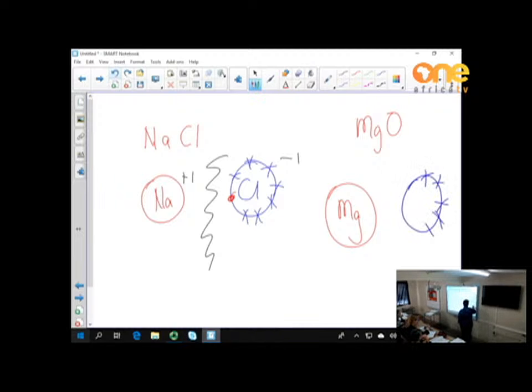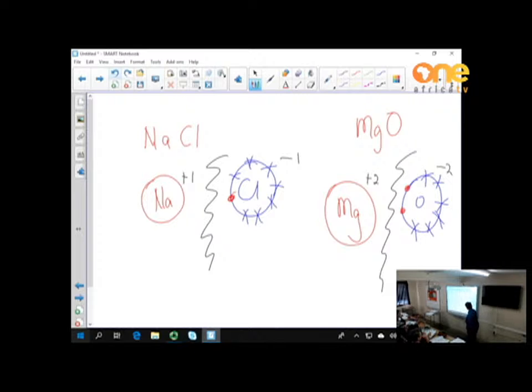Oxygen has 6 electrons. Magnesium has 2. Magnesium is going to give its electrons to the oxygen, and we are going to get +2 and -2.